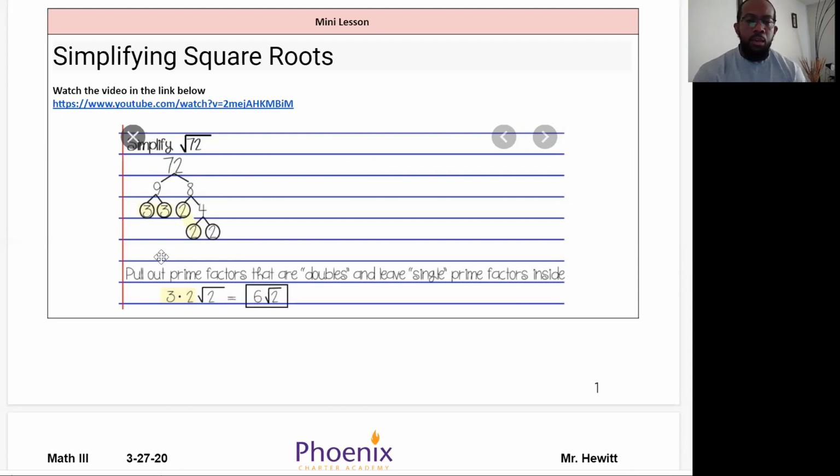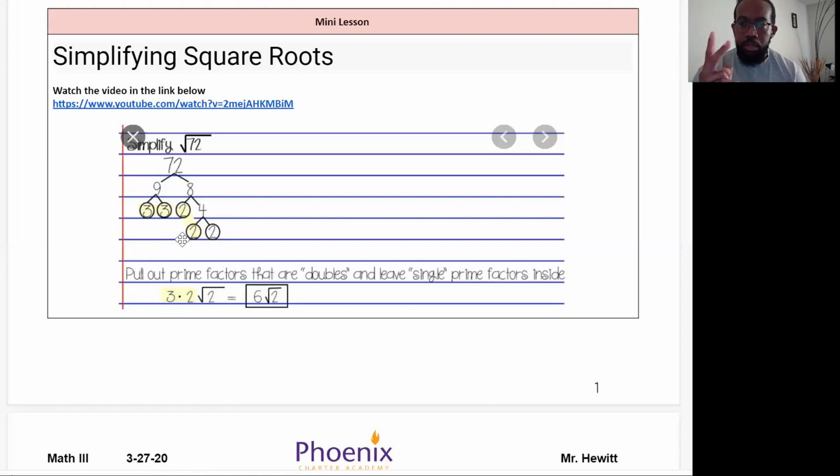Okay, now what you're going to do next is to pull out the prime factors that are doubles, okay, and leave the prime factors that are single on the inside of the radical symbol. So here we have 3 two times, so that's a double, right? So we're going to pull that out and put it right here, okay? We have three 2s, so we're only going to pull out two of them, okay?